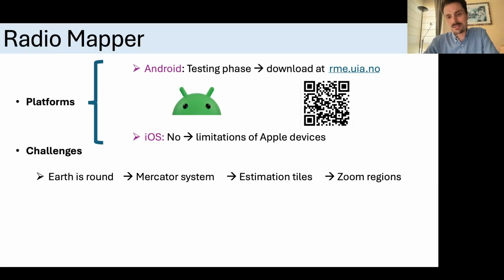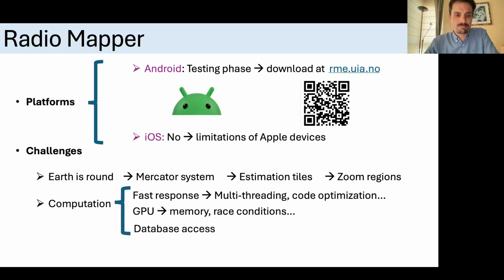And that means that we need to define zoom regions based on latitude, and that makes the communication a bit cumbersome. Then there are also challenges when it comes to computation.